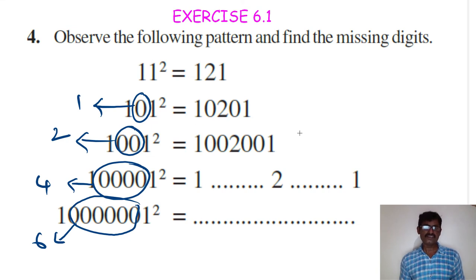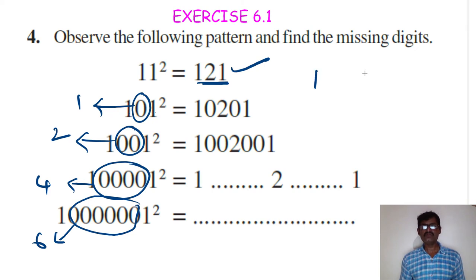Now if you observe the right side patterns, 11 square is 121, then 101 square equal to 10,201. That means we need to include 10 between the digits of this 121.